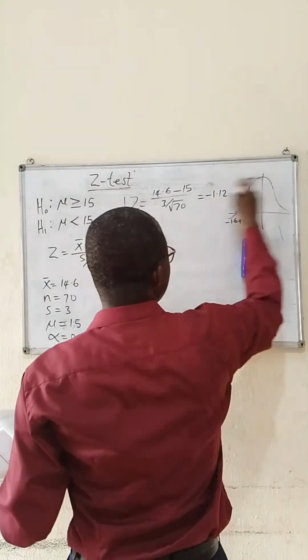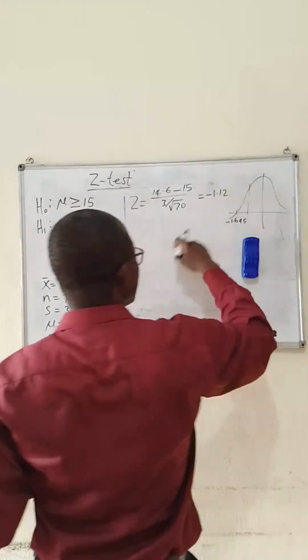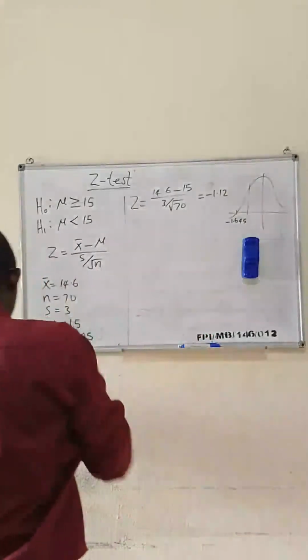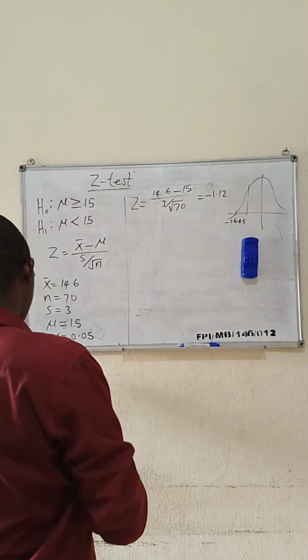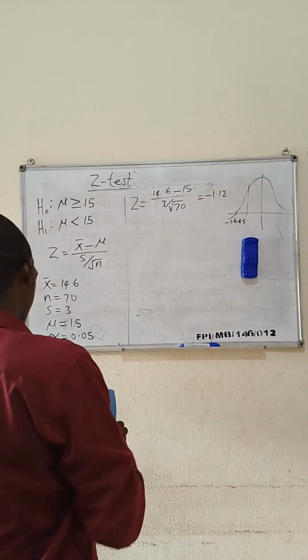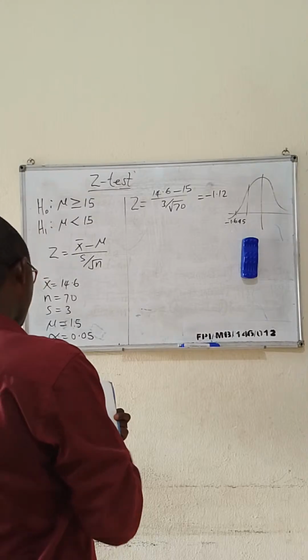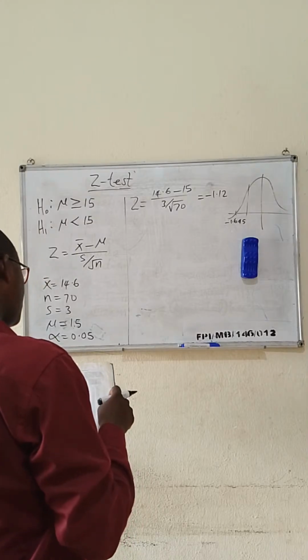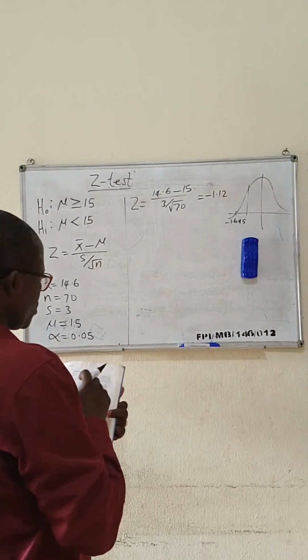If it is greater than, then it should be on this other side. So we see minus 1.645 on the table. If you check your own table carefully, the answer on the table is 1.645.